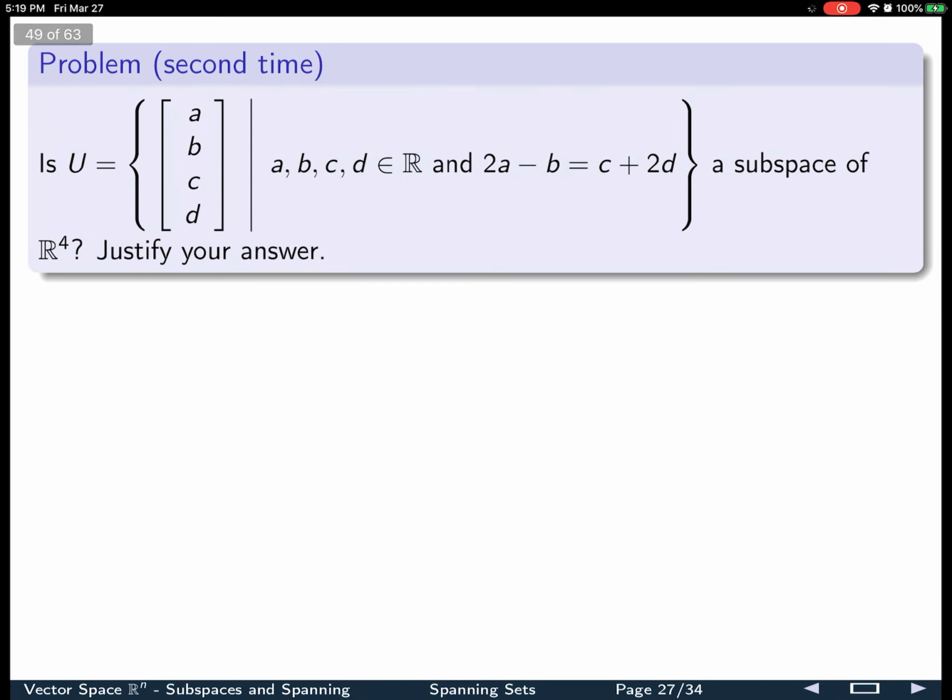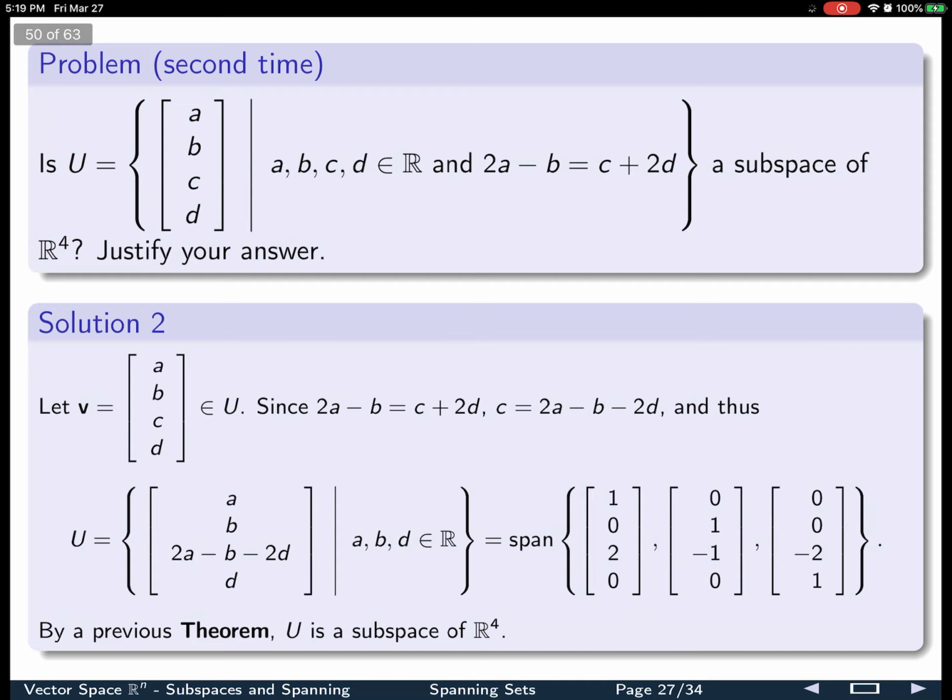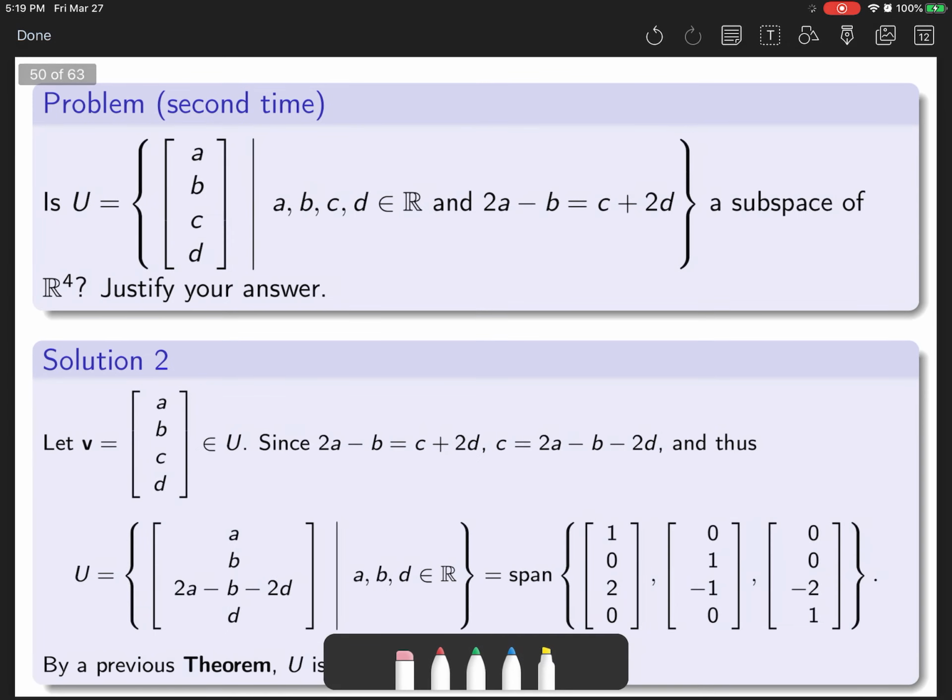Okay. So using that, you can look at this subspace U that we looked at earlier with the A, B, C, and D. And you can look at it another way and see that it is indeed the span of these three vectors on the right-hand side.